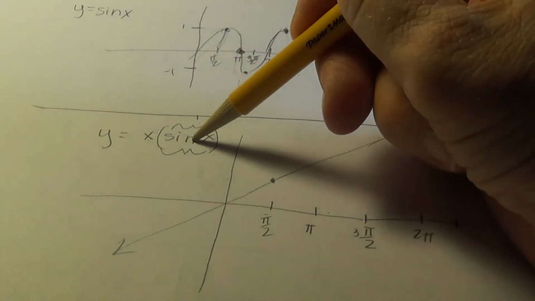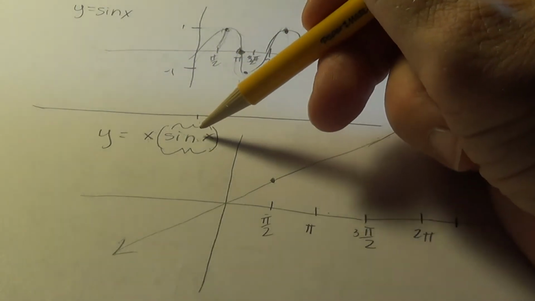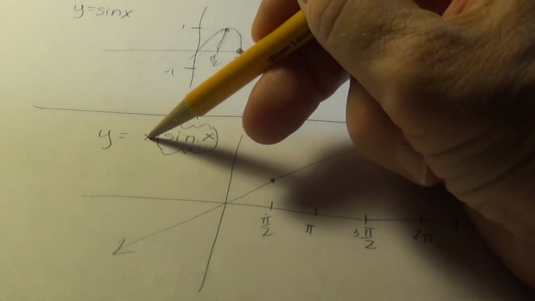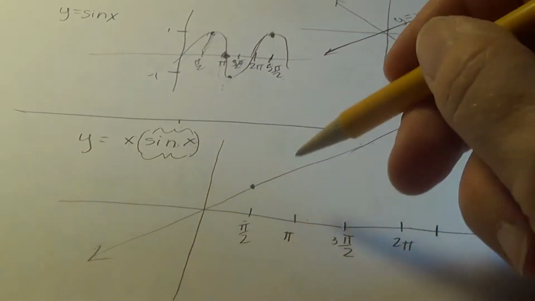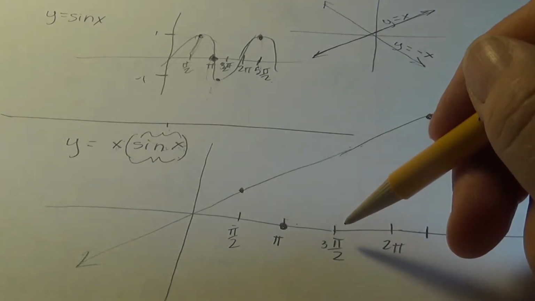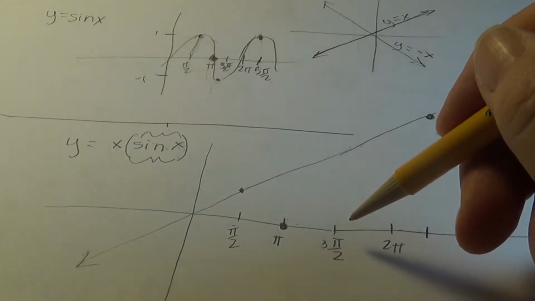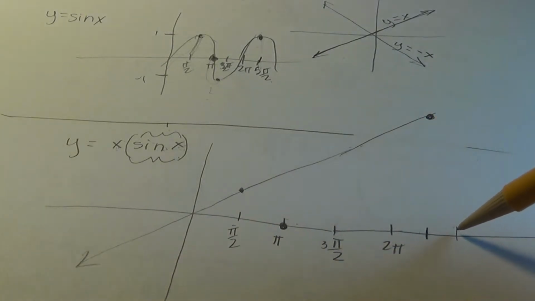What's going to happen to this function at the value of pi? We'll have pi times sine of pi, which is pi times 0, which will be 0. And that's going to happen again every 2 pi radians. So it's going to happen out here.